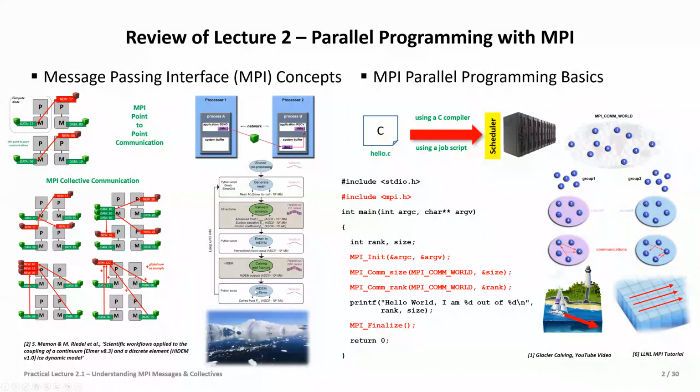In order to communicate the results of one run, or the different data elements of the mesh of this glacier calving, we need parallel computing in terms of sending data from one processor to another. This is necessary because MPI essentially means distributed programming in terms of distributed memory.